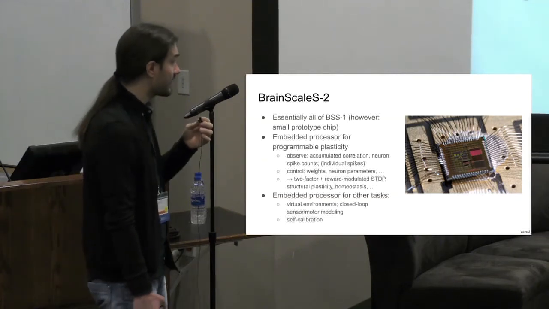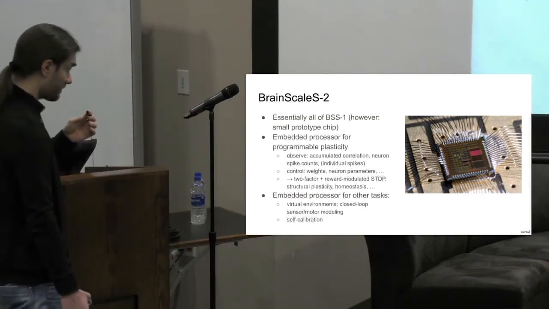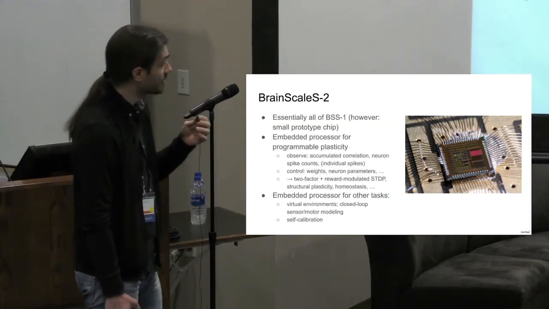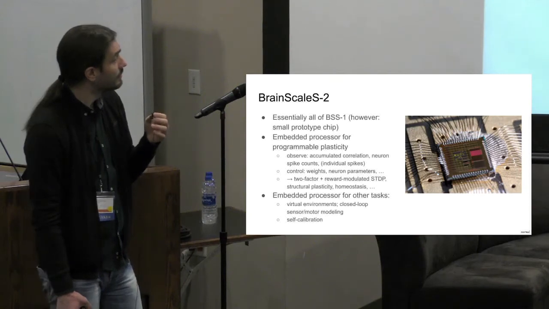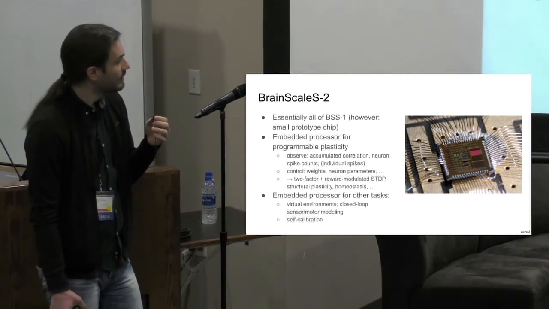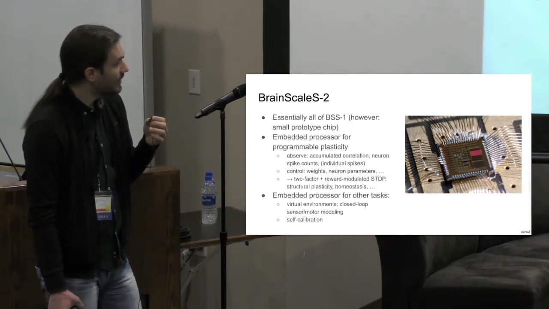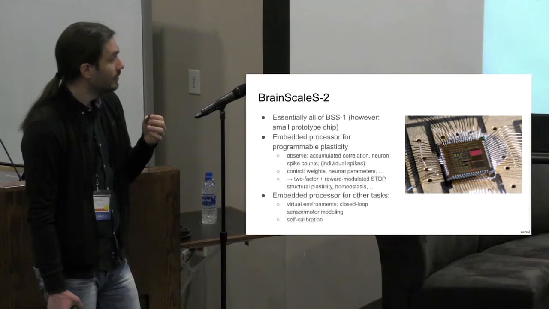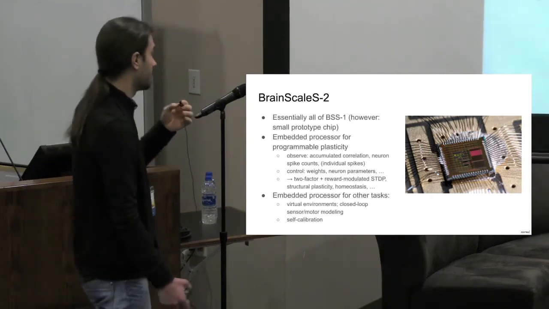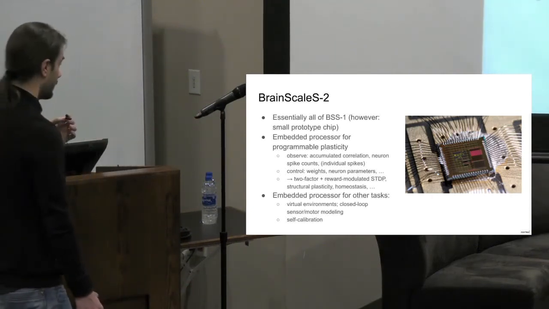But the embedded processor can also be used for other tasks. We have a paper published where we use the embedded processor to do both programmable plasticity and a simulation of a virtual environment. So you can run different kinds of code on the processor and interface the analog neuromorphic part with your virtual environment or what you want to do on the system.